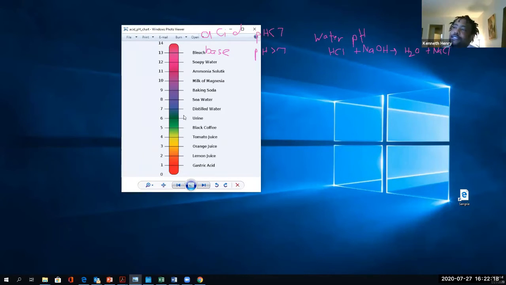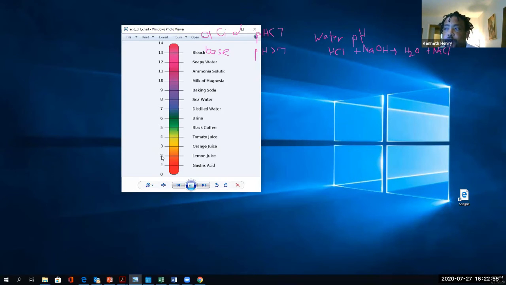Oh, okay. Yes. So the color scale here, there are certain indicators. One is called the universal indicator, which is actually a combination of a whole bunch of indicators added together. When the pH is 1, the color of this indicator, this is like a universal indicator, there's a couple of different ones, would be red, so the solution is going to be a red color.